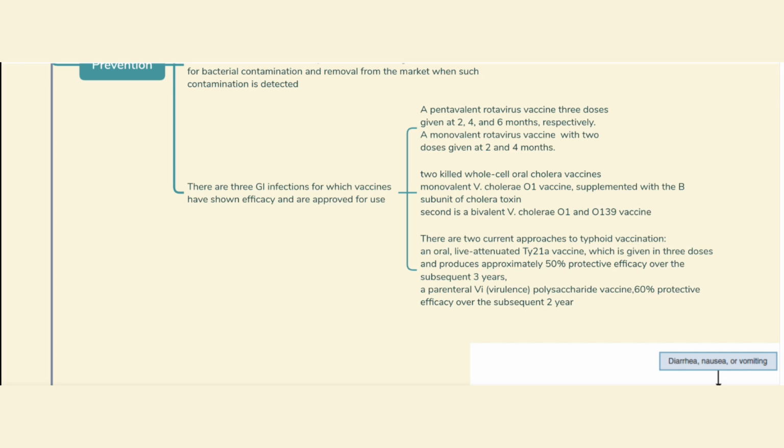There are 2 current approaches to typhoid vaccination. The first is the live attenuated vaccine, given in 3 doses that can give us 50% protection for the subsequent 3 years, or a parenteral Vi capsular polysaccharide vaccine, which gives us 60% protection over the upcoming 2 years.